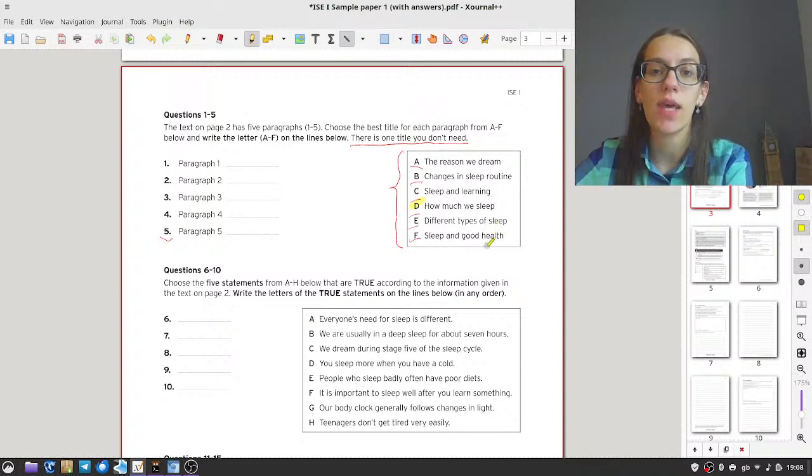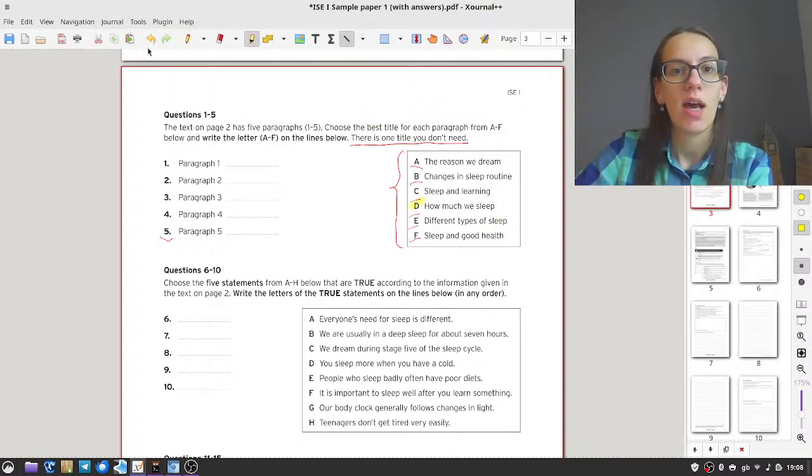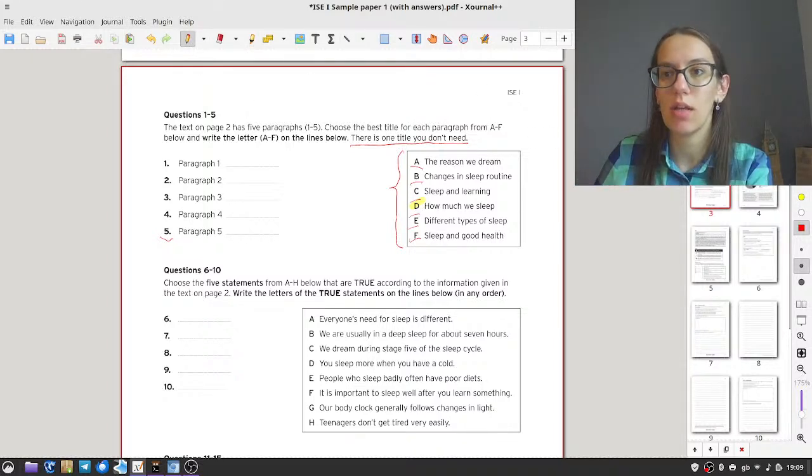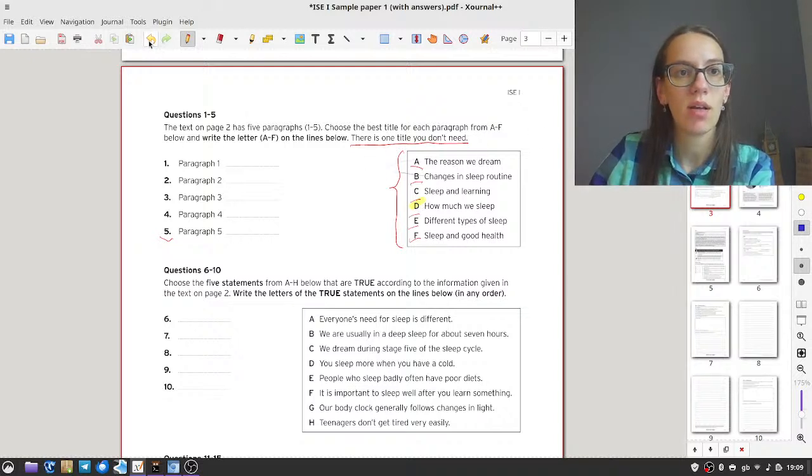And good health, again, we don't talk about good health. So option D is actually the best one here. So we can put this down. So paragraph 1, we want to choose D here.